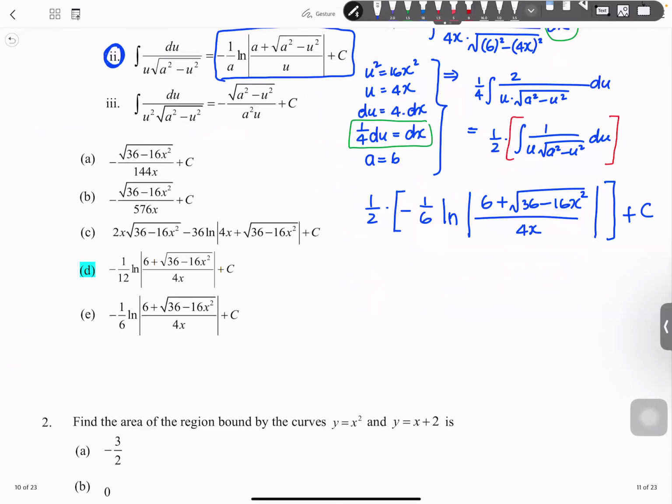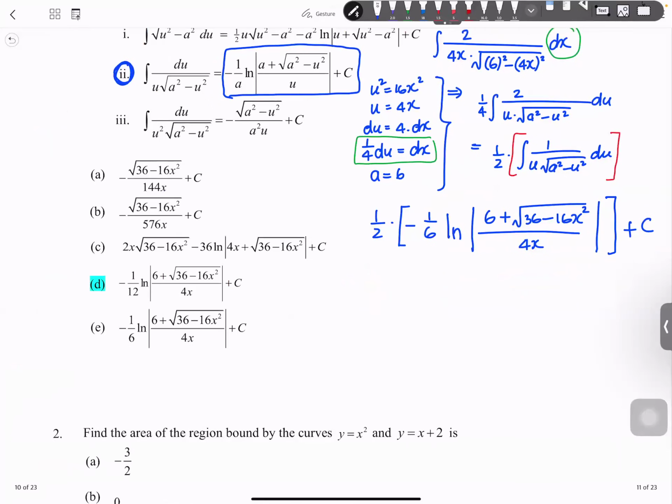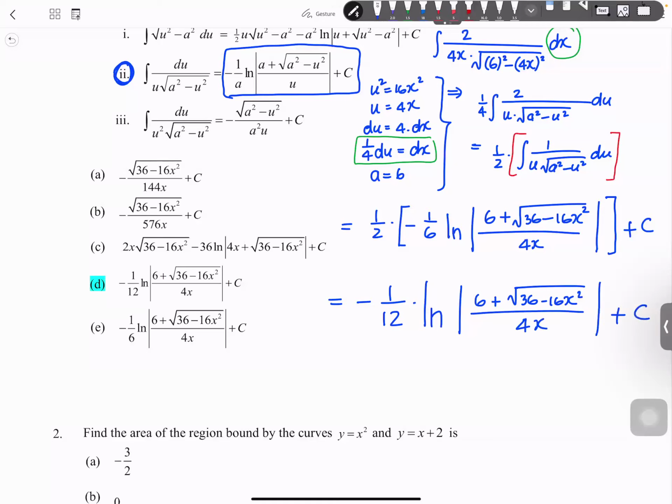The only little bit of cleaning up that can really happen here is the 2 and the -1 over 6 is going to become -1 over 12. Nothing else really cleans up. So this will just be 6 plus the square root of 36 minus 16x squared over 4x plus c. Answer here is answer D.